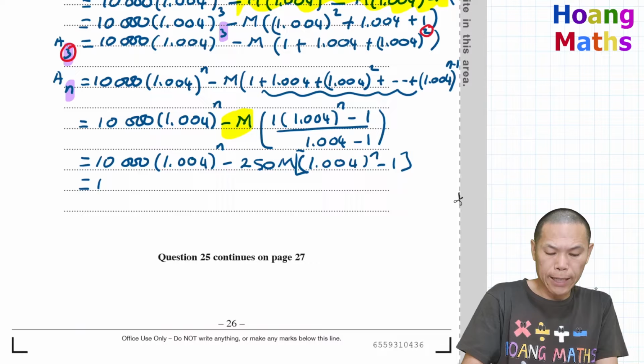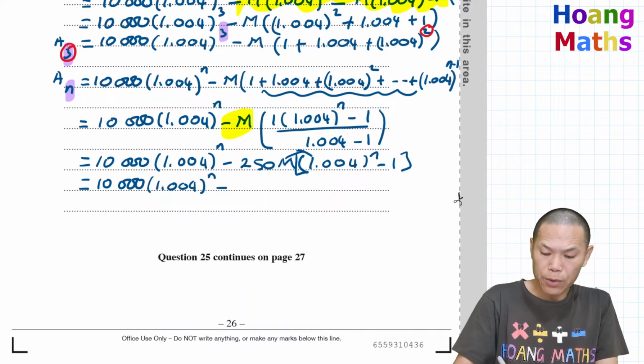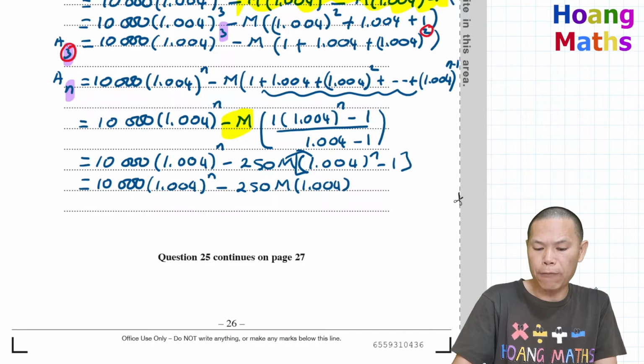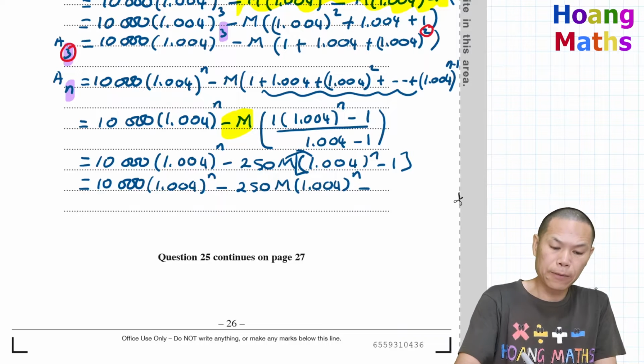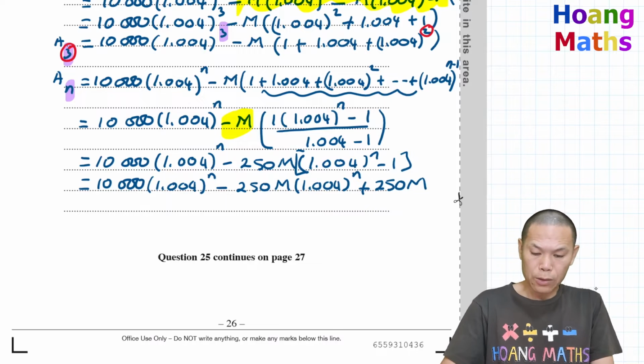That will give me 10,000 times 1.004 to the power of n minus, when I times it together, 250 m, 1.004 to the power of n, and minus, we times this with this, so negative becomes positive, 250 m. So there you go.